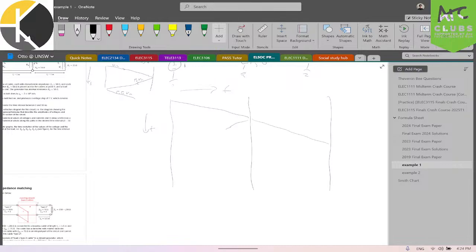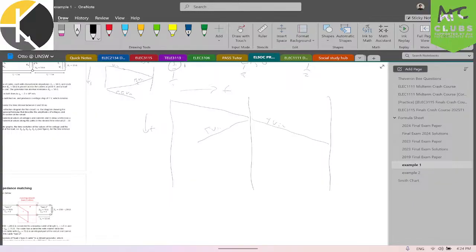If you send a wave through, some will reflect and some will transmit like this. The reflected wave will be some gamma V in, and the transmitted wave will be some T V in. And those gamma and T can be found by finding the power. The incident power must be equal to reflected power plus transmitted power. Actually, there's another way to find it.